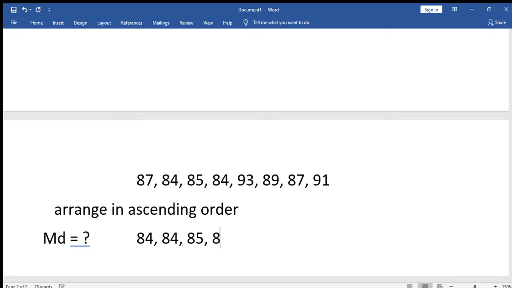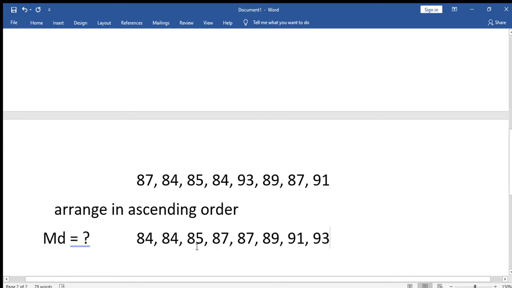So we have 87, then another 87. There are two 87 in our given data set. Then we also have 89. Then next is 91 and followed by 93.